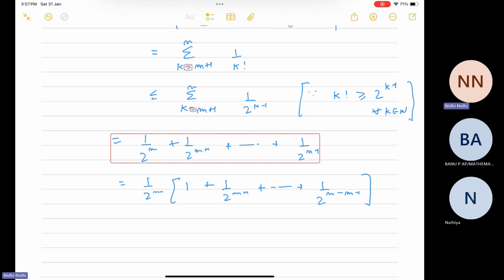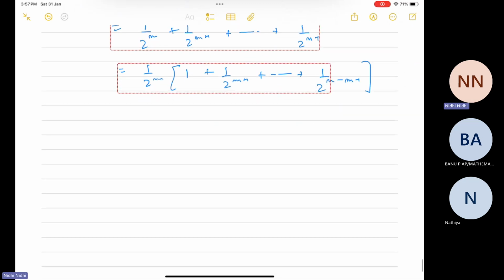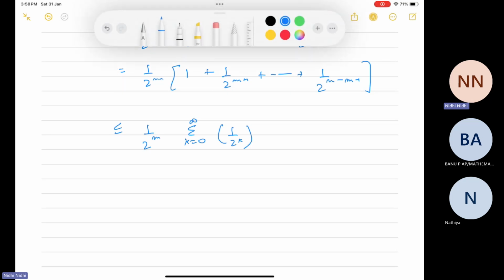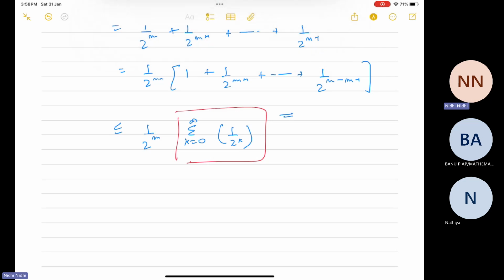And this will obviously be less than or equal to the infinite sum, because all the terms in the series are positive. So this will be less than or equal to 1 upon 2 to the power m, summation k from 0 to infinity of 1 by 2 to the power k. Now we know that this is an infinite geometric progression, and this is equal to 1 upon 1 minus 1 by 2.